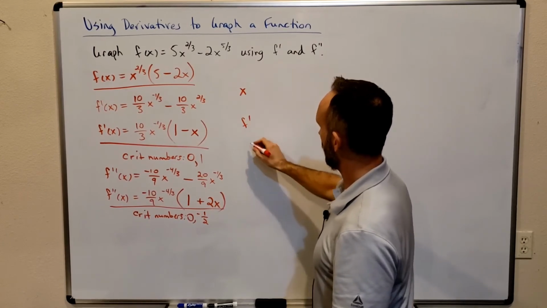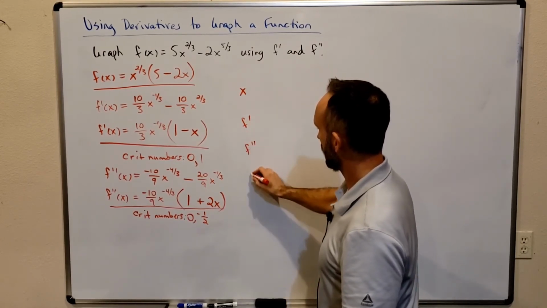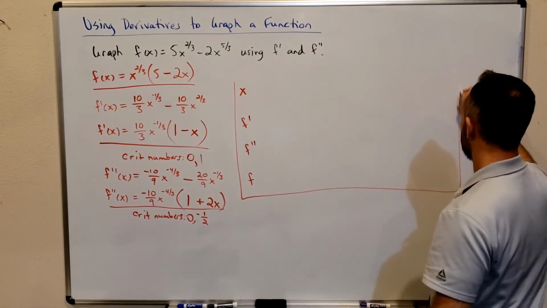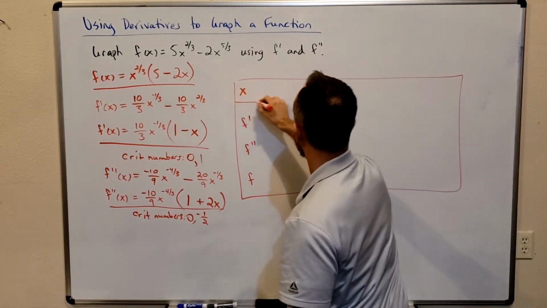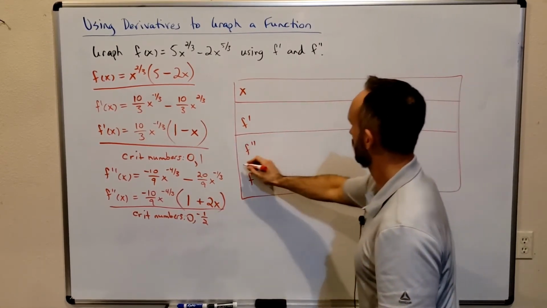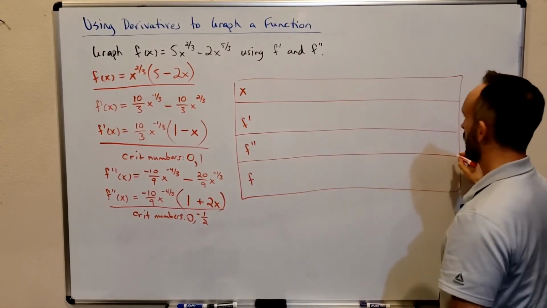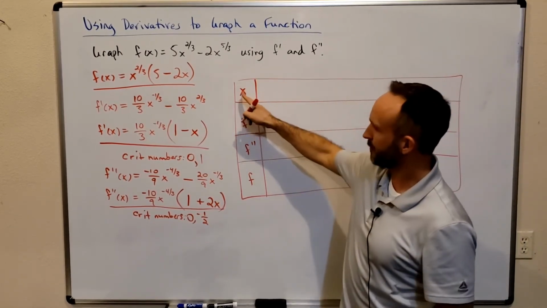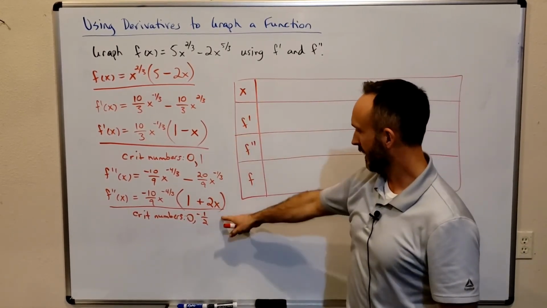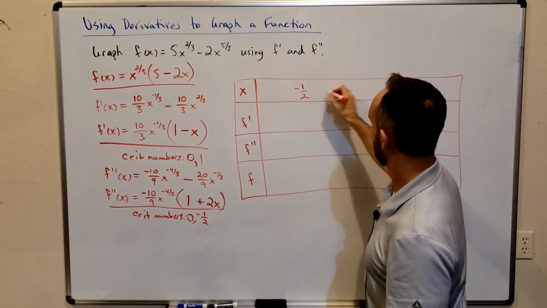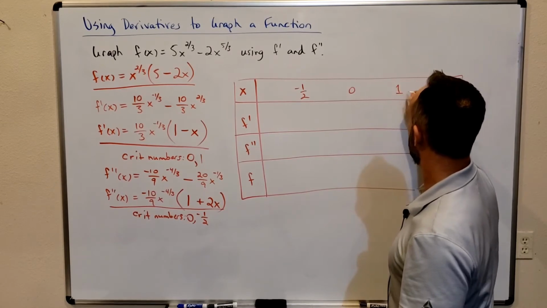Then below that we'll have f prime, f double prime, and finally f. And we will cut our x number line at our critical numbers, negative 1/2, 0, and then 1.